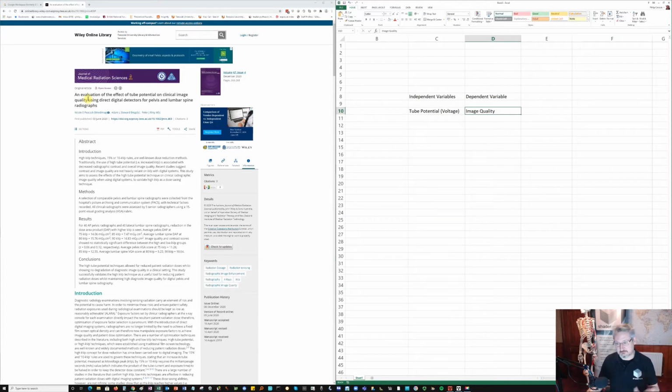mathematical methodology of measuring image quality, which is good for us because when you're doing this with students, you don't want a long delay. You want to be able to get the findings, get the results out quickly. So we want something that's quite quick and easy for the students to measure. So there are measures of image quality like contrast, detail detectability, and modulation transfer function, signal to noise ratio.